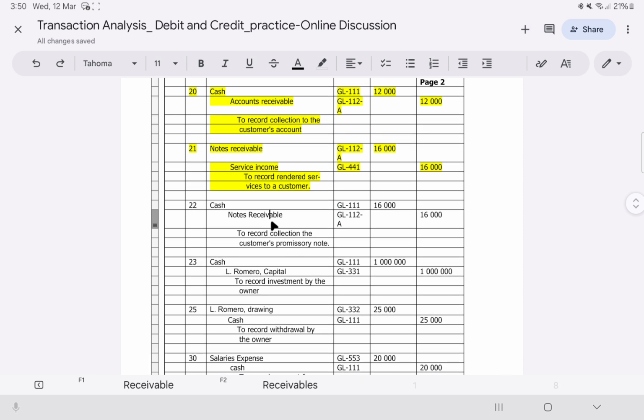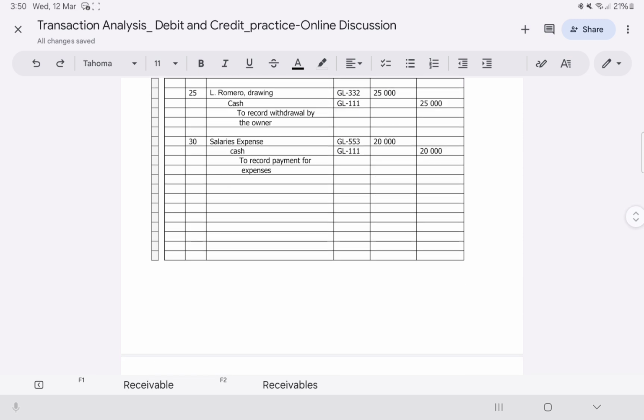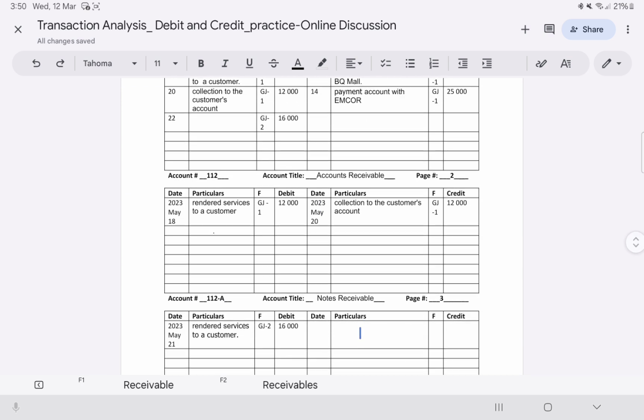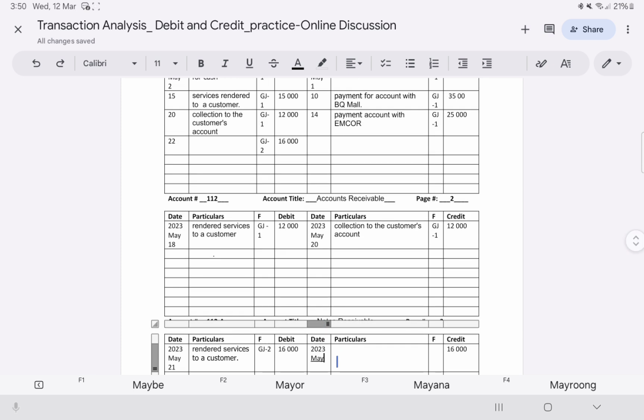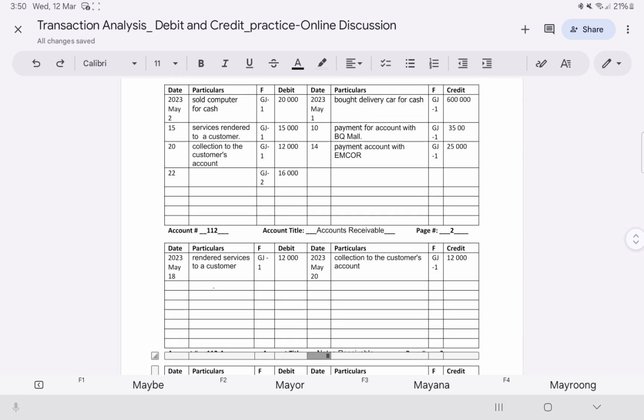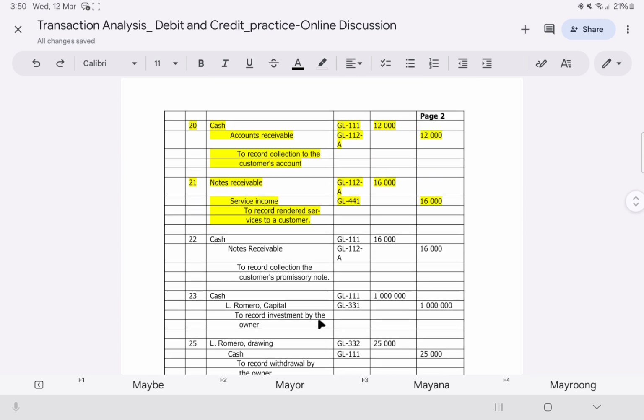Then credit notes receivable 16,000. 2023 May. Okay, let's go back.